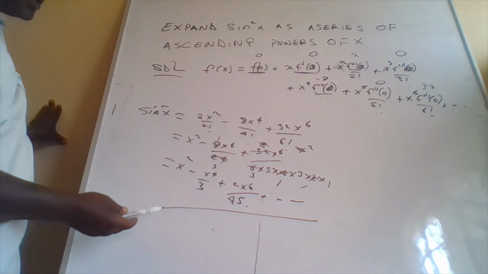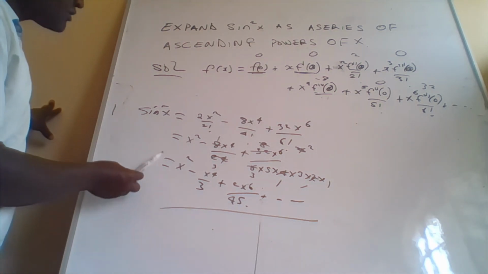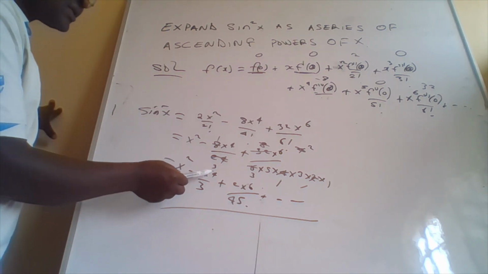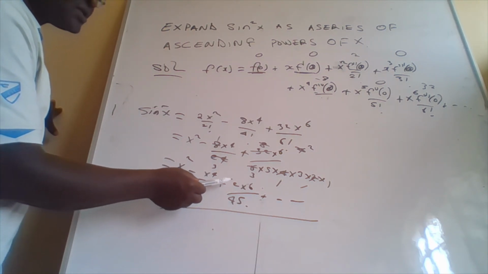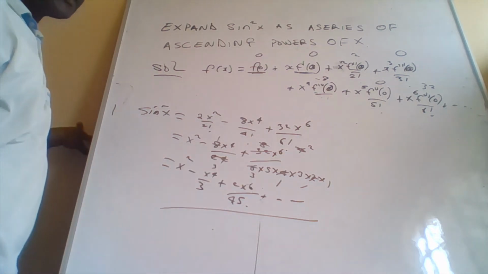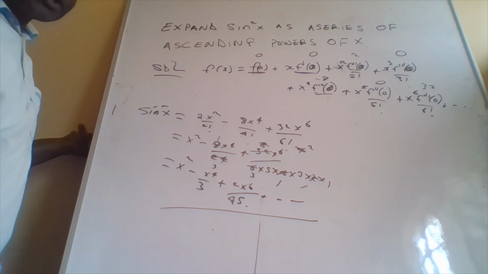Therefore, at this point, we can say that the series for sine x squared is x squared minus x to the 4 over 3 plus 2x to the 6 over 45, and it continues like that. Thank you for watching and listening.